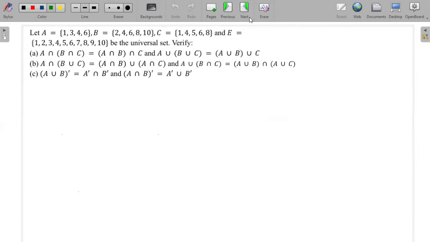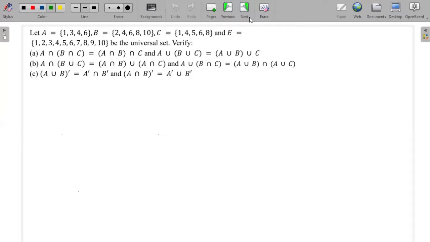Okay, so let's look at another similar question here. This one is basically on verifying some set laws. We have a lot of laws that govern this topic of sets. They are called laws of algebra of sets.